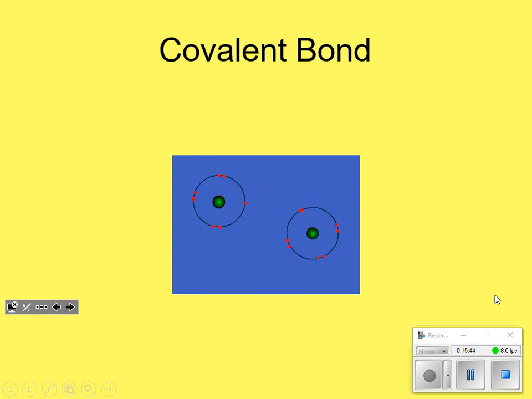Because now that green nucleus is not only attracted to its 7 electrons, but to that 8th electron from the neighbor. This overlapping of orbitals, where one electron is attracted to 2 different nuclei, is what a covalent bond is.